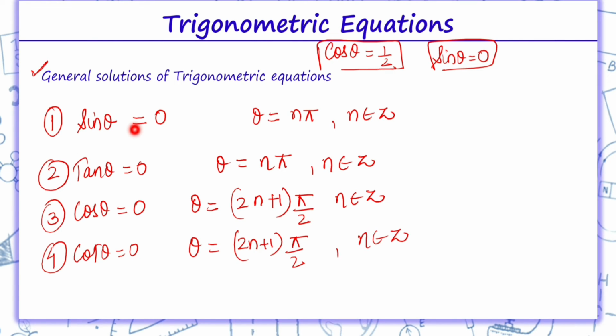Therefore sec theta equals 0 does not have any solution. Similarly, cosec theta equals 0 also has no solution.